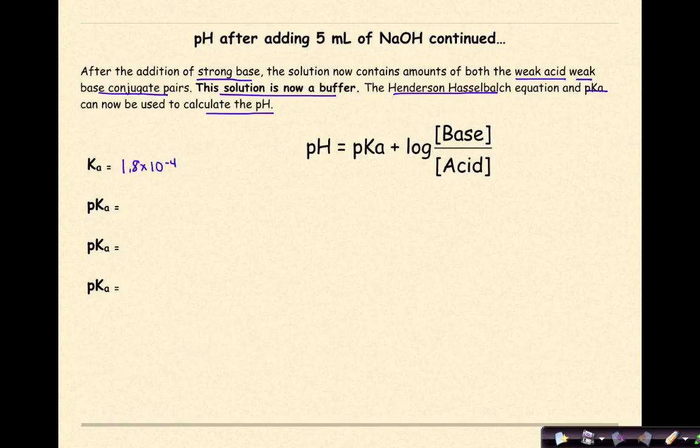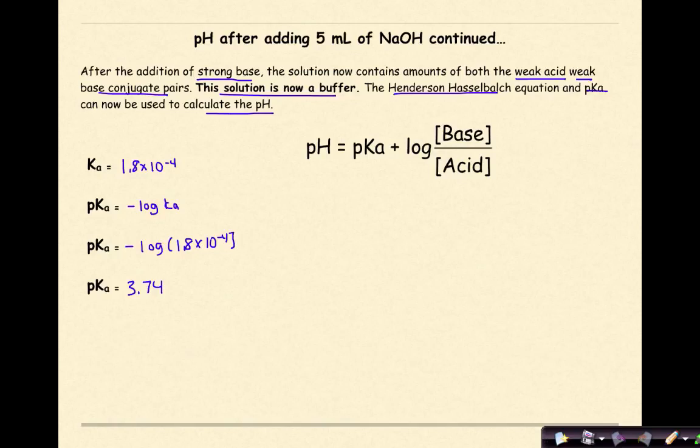I know that to find pKa, I'm going to take the negative log of my Ka. So if I say negative log of 1.8 times 10 to the negative 4, I can find that my pKa is 3.74. Once I have that, I can look at my Henderson-Hasselbalch equation.